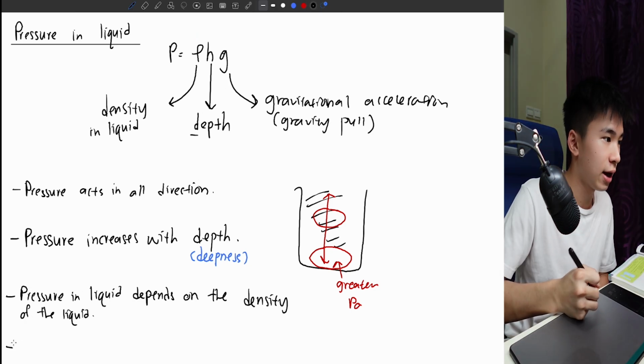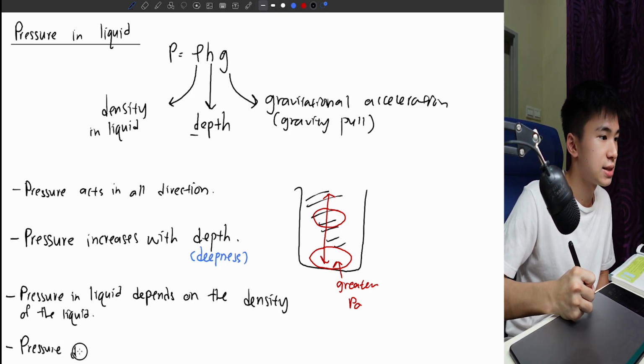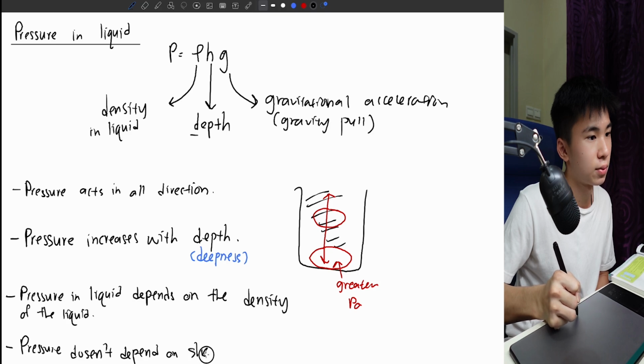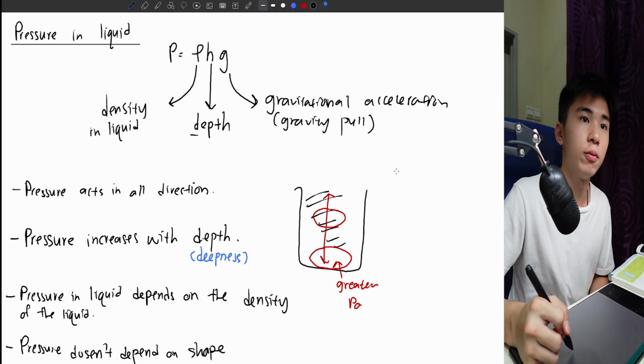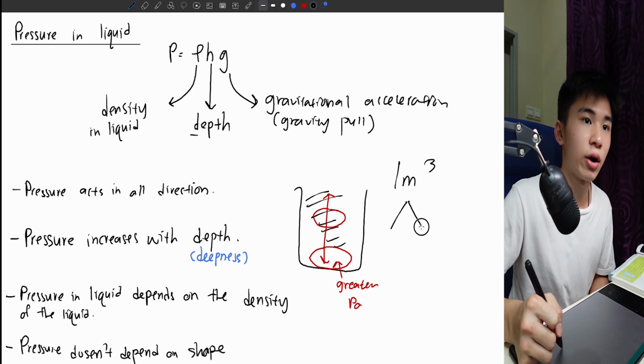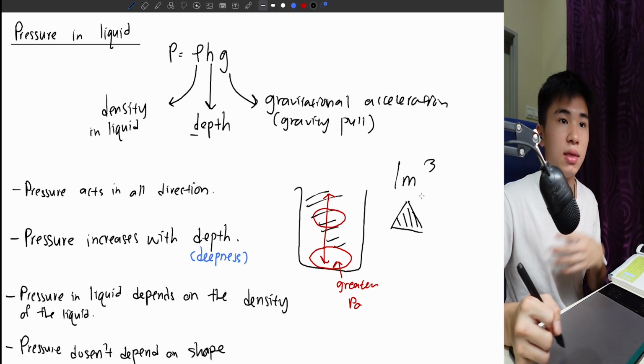And on the other hand, pressure in liquid doesn't depend on shape. If you put 1 meter cube of water into this triangular bottle, the water will be triangular as well.